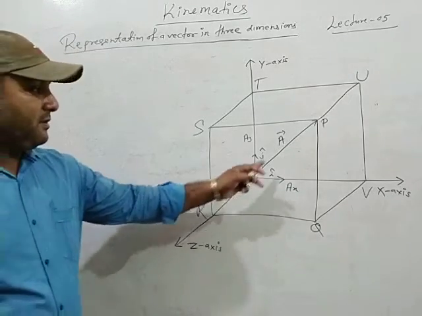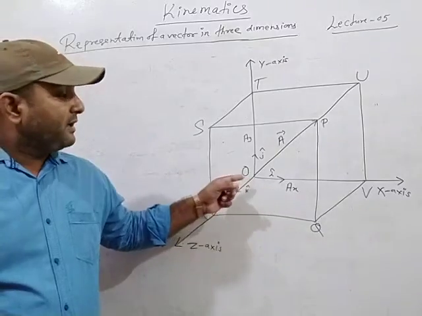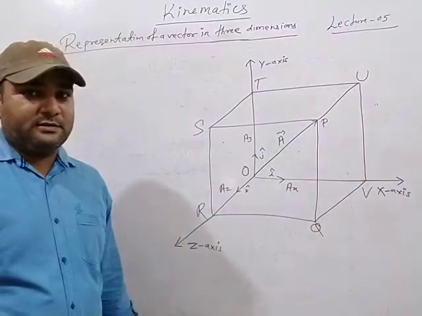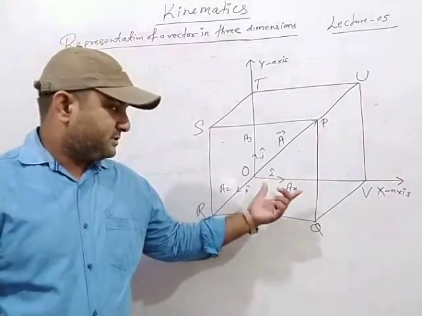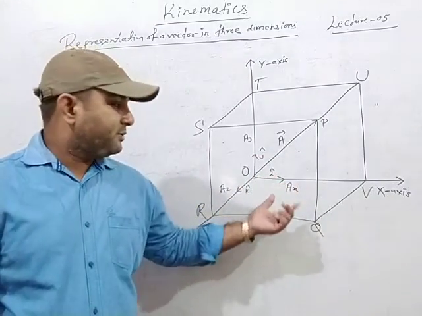Magnitude of the vector component or effect of vector along OV, that is along x axis, the vector effect in terms of magnitude, that is ax.